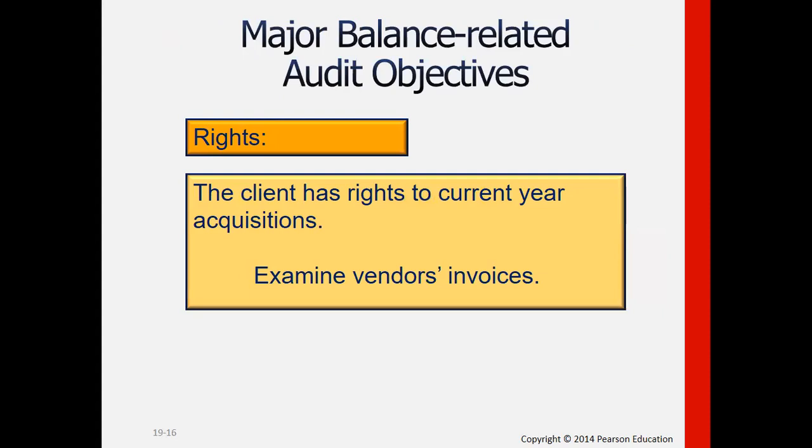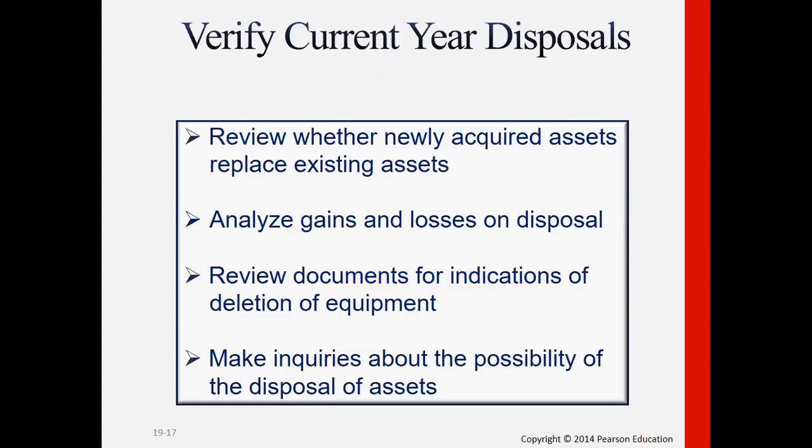Then the rights. For the rights, the client has rights to current year acquisitions because we're talking about assets. So clearly, this would show that the client has a right over such. And what is the evidence? The vendor's invoices.